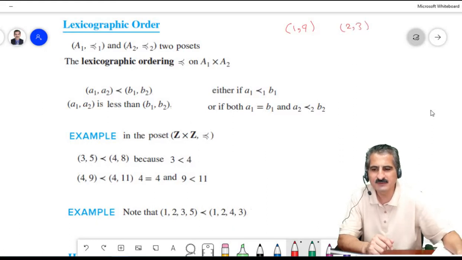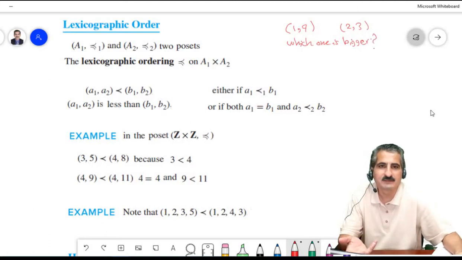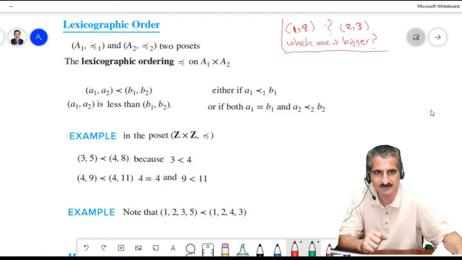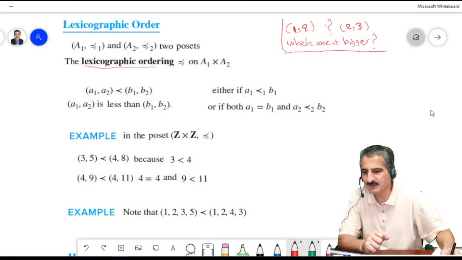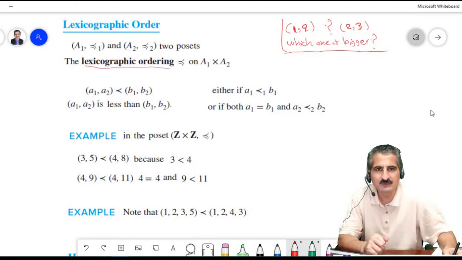Can you decide? We cannot. If you go to the first component, this one is smaller than this, but what about the second component? 9 is greater than 3. So we need to force some ordering on such situations, which we call lexicographical ordering, and it will tell you how to do that.